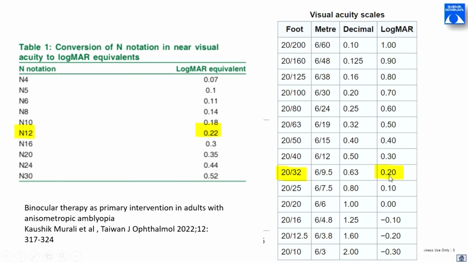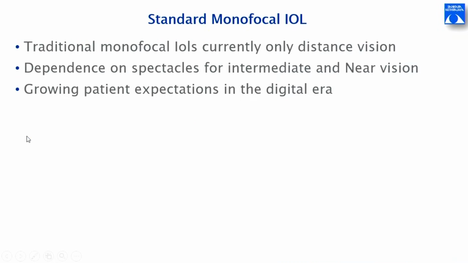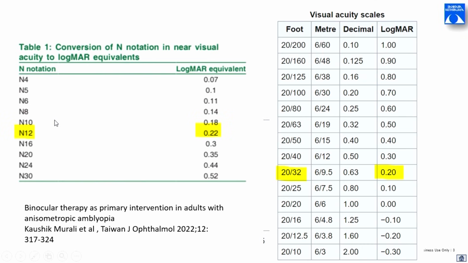We also need to know the equivalent of near vision in logMAR. All these lenses are judged on whether you can achieve a logMAR of 0.22 for intermediate vision, which is equal to something like N12. Just keep these numbers in mind as we go back and look into it.